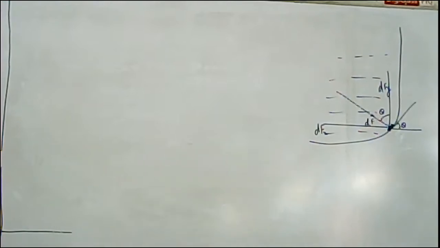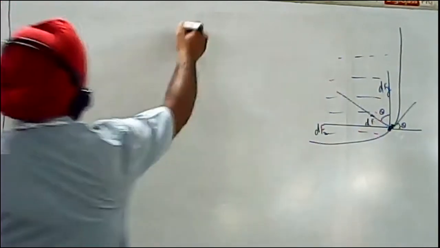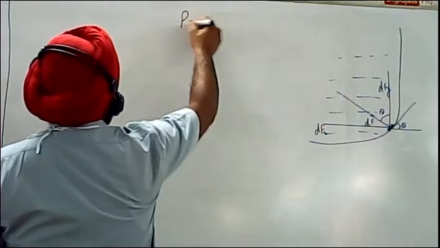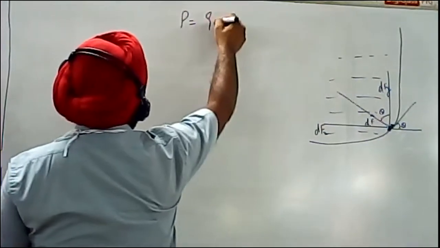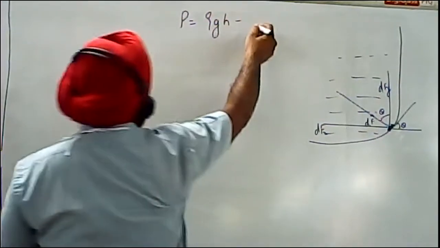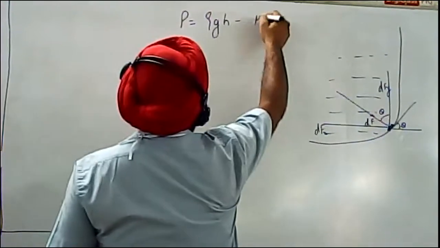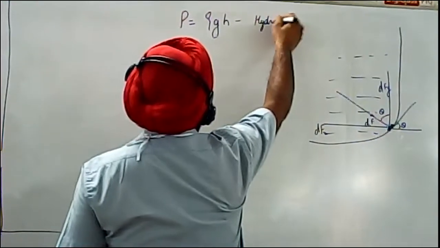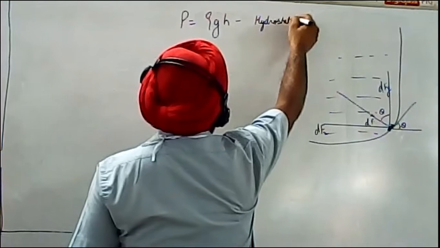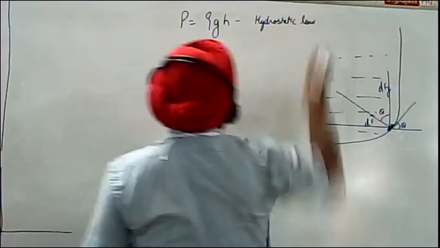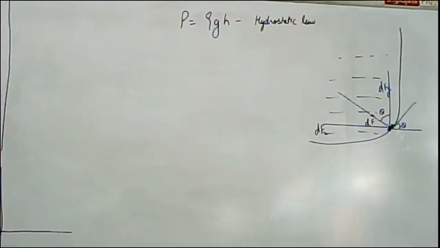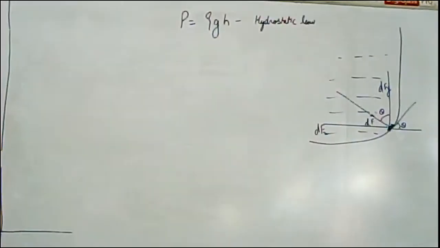Then, first of all, calculate the pressure intensity P according to the hydrostatic law: P is equal to rho gh.